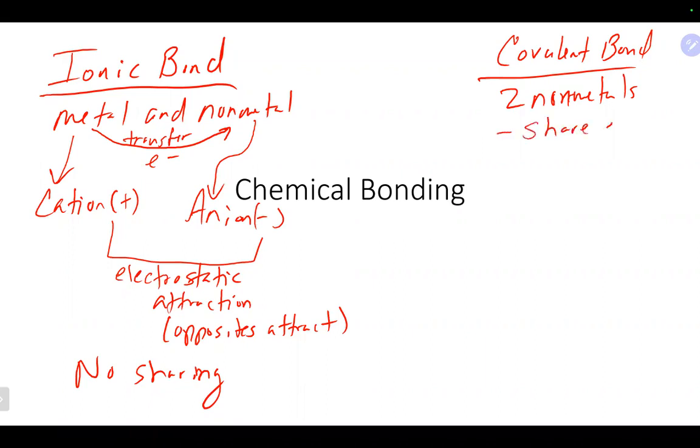So there's sharing of electrons that occurs in a covalent bond. As we'll talk about, it may be equal sharing of those electrons or unequal sharing. But there is some aspect of sharing going on when you have a covalent bond, and that again is very different than an ionic bond, where frankly there is no sharing happening. There's a complete transfer of electrons from one to the next.